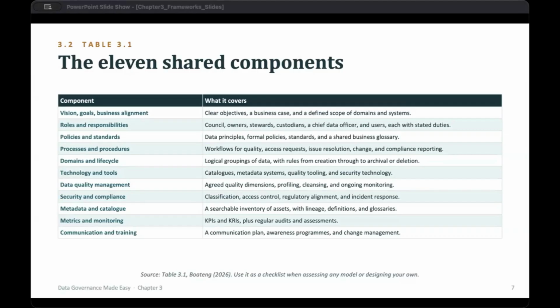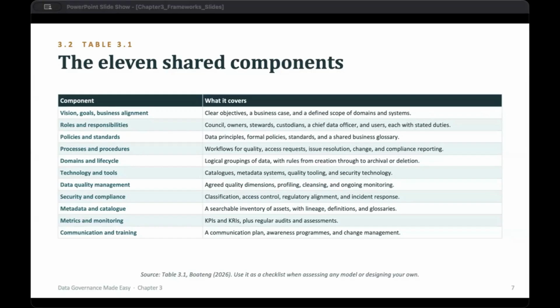Would you believe that communication and training is missing from almost all the other frameworks? Just one or two have it, I think. They may not even have it explicitly like this. They may have it embedded in one of the activities that they may recategorize. So I'm not surprised that you skipped that one and went to roles and responsibilities, because somebody can add it to roles and responsibilities.